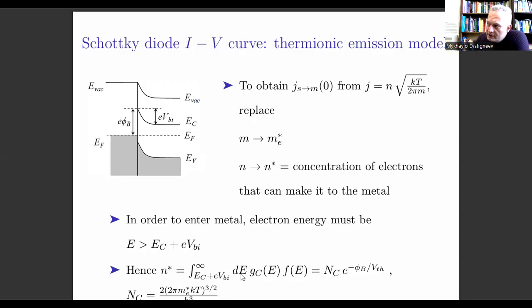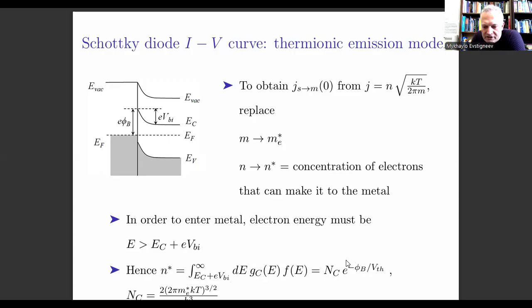But the integration limits should be not EC to infinity, but this lowest energy, EC plus q times V built-in, to infinity. Right? Because we are interested in the total concentration of electrons with energies higher than this value. And this integral is easy to evaluate.